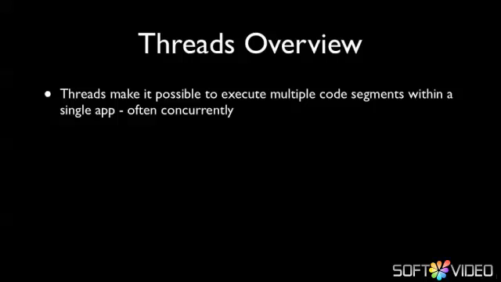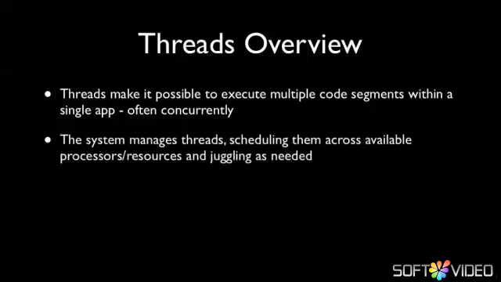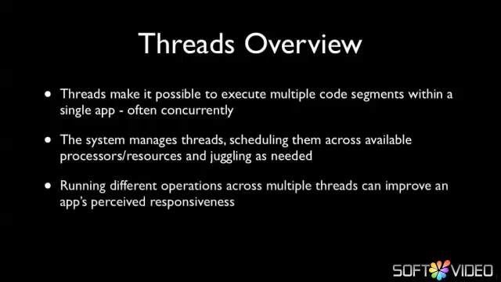The phrase multi-threaded implies that you have to create and manage multiple threads in order to get the performance benefits of running concurrent operations. The system manages the threads once you've created them and schedules them across the available processors and resources, juggles them as needed, and running different operations across multiple threads can improve an app's perceived responsiveness and no doubt will improve its performance.